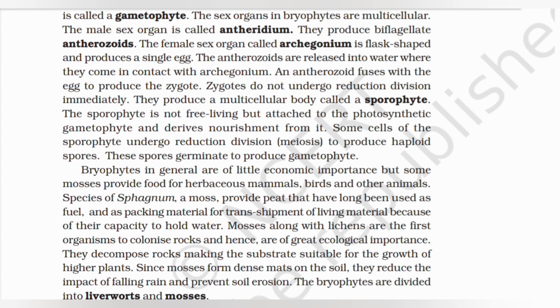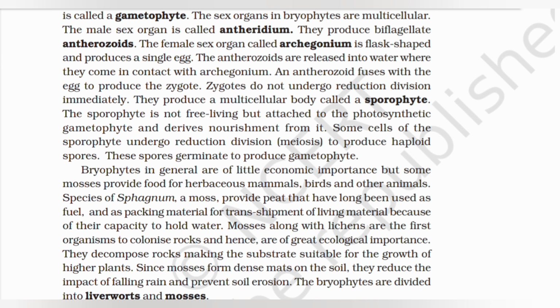Bryophytes in general are of little economic importance, but some mosses provide food for herbivorous mammals, birds, and other animals. Species of Sphagnum, a moss, provide peat that has long been used as fuel and a packing material for transshipment of living material because of its capacity to hold water.